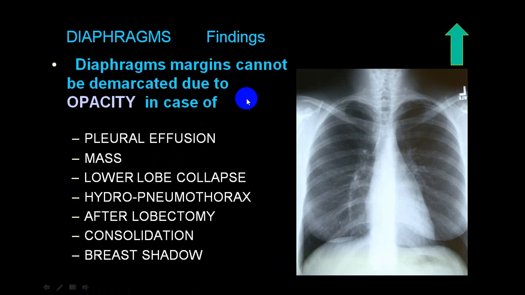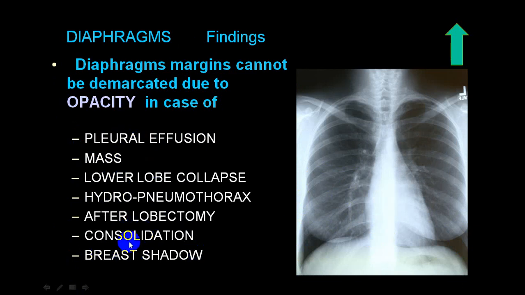Now, the diaphragm margin cannot be demarcated if any radio opacity is there in the lower lobes, either on the right side or on the left side: pleural effusion, mass, lower lobe collapse, hydropneumothorax, lobectomy, consolidation, or because of breast shadow.